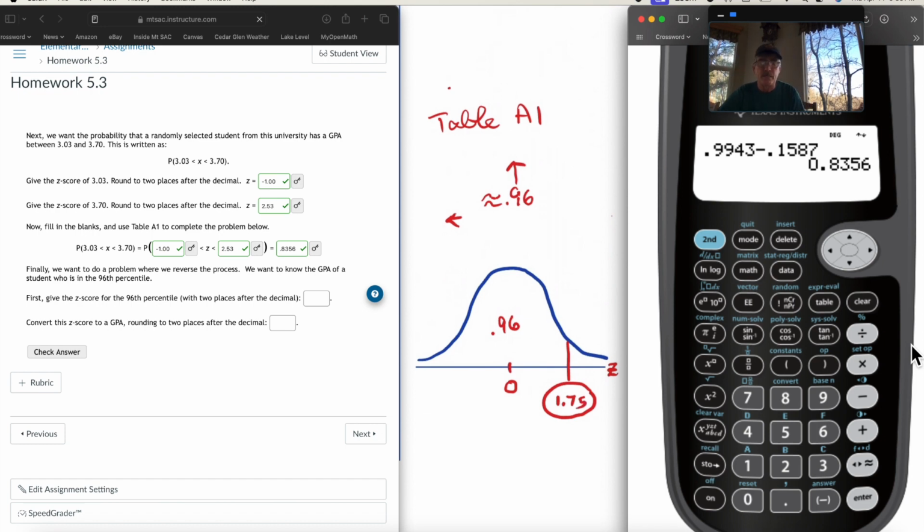Let me just put 0.9599, which is what we actually found in the table. And so that goes out to 1.7 and 0.05. Okay, so that's our z-score, 1.75.